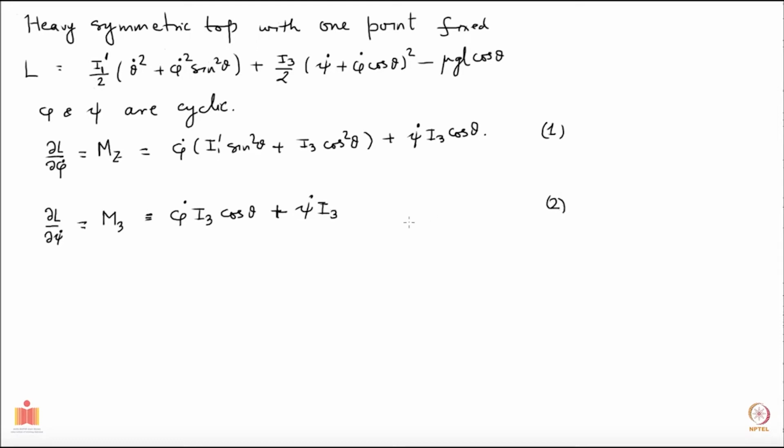So these are our two first integrals. We also have one more first integral because this is a conservative system and total energy will be conserved.